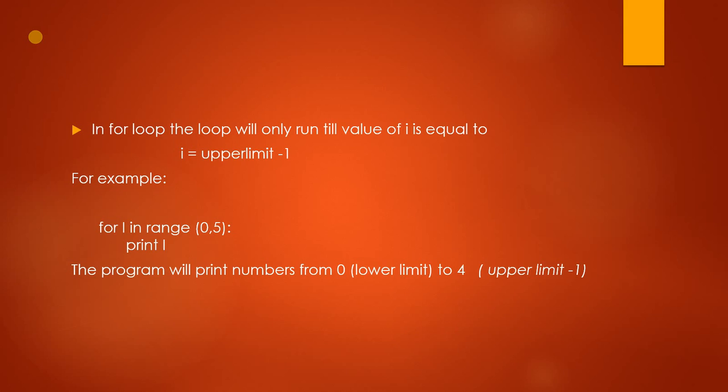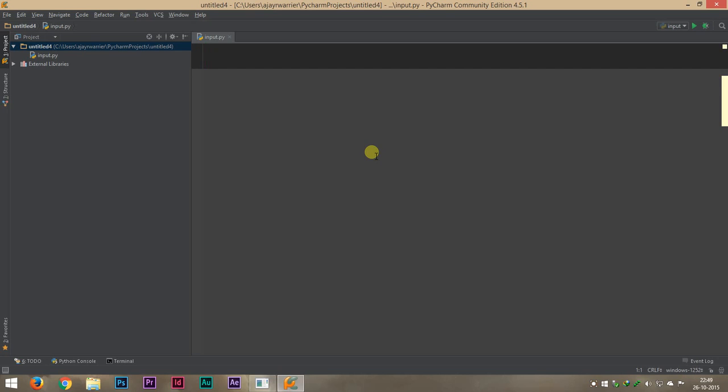Now that's all great. Now let's try actually writing a program in PyCharm. Alright, so we have PyCharm opened up here. We're going to write a program that will print our first 10 numbers. Now we could do that in 2 ways.